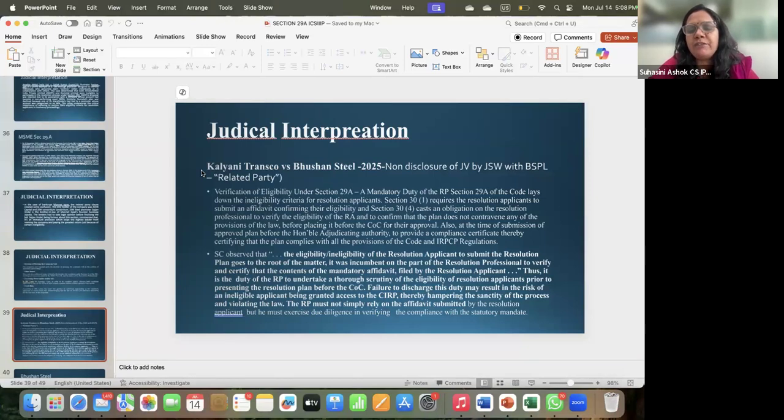They have a separate wing where the CARP and IBC accounts are audited, and they meticulously go through all these compliances. And in COC meetings, they will advise the RP to make a note in the minutes regarding the ascertainment of the diligence under section 29A.